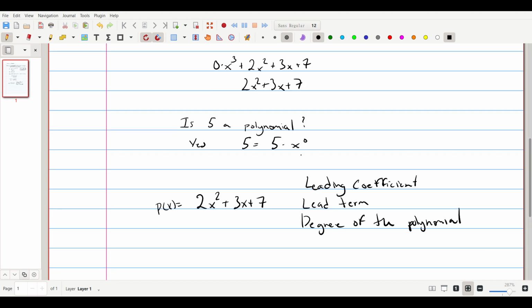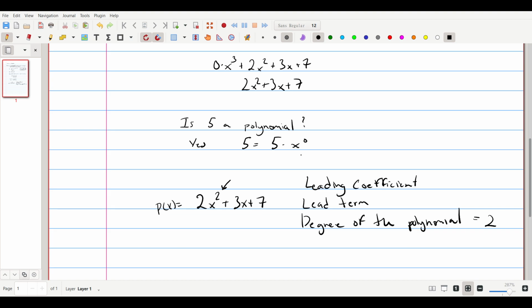The leading coefficient is the number that's in front of the biggest power of x. So in this case, it would be 2. The leading term is the largest power of x together with the number with it. So the leading coefficient is just the 2. The leading term is 2x squared. And the degree of the polynomial is the largest power of x. So the degree of this polynomial would be this 2.